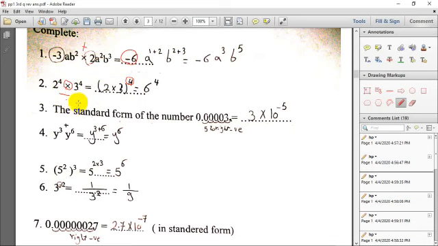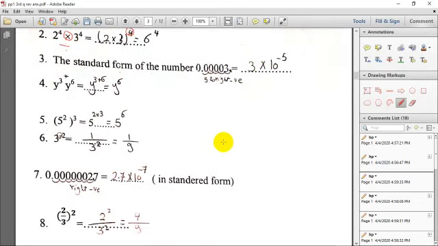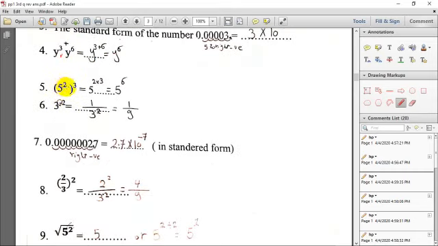Okay? The standard form, we solved the standard form before. You can solve it by yourself. Here, what we are going to do with the powers? This means times. This means times. So what I'm going to do with the powers? I'm making plus. Here, power inside, power outside. What I'm going to do with the powers? I'm going to do times.